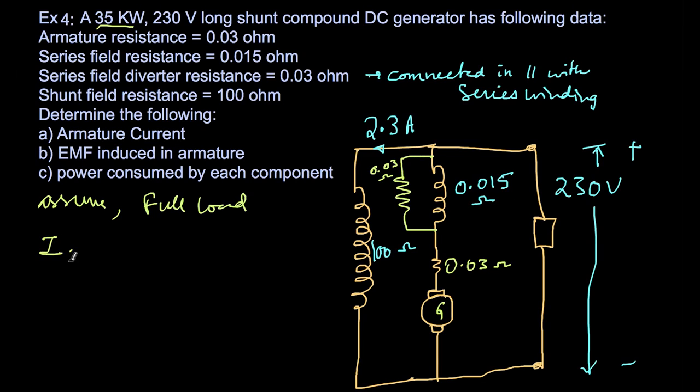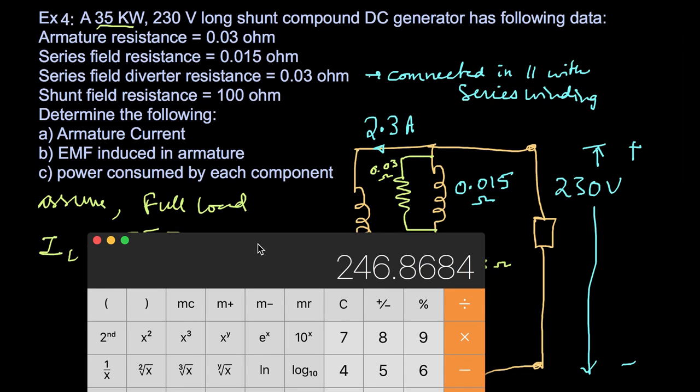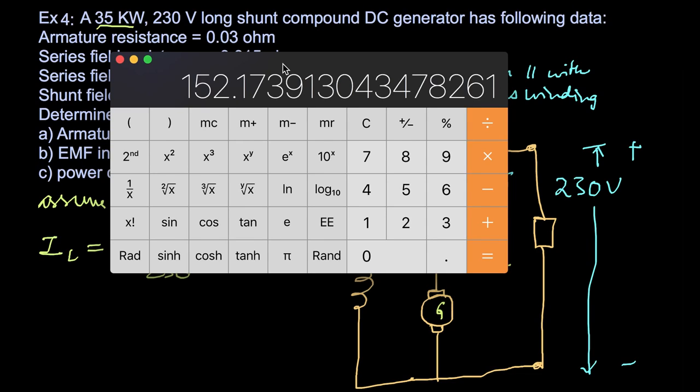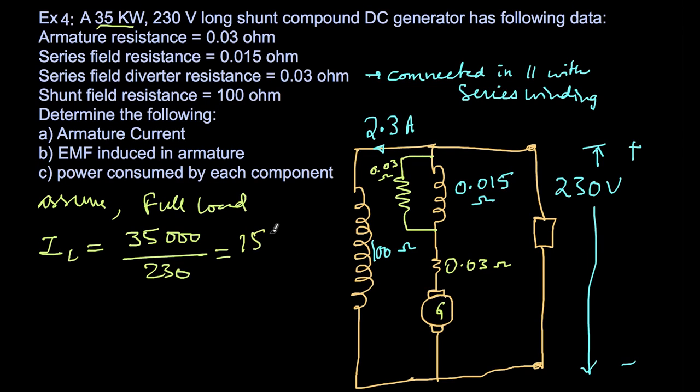So load current will be nothing but power output, 35,000 divided by 230 volts. I'm getting 152.17. Let me make a note of it, 152.17 amperes. So this current is flowing here.